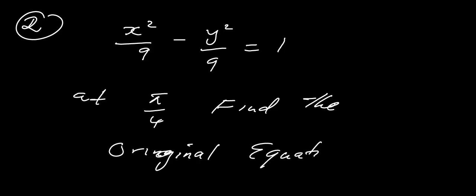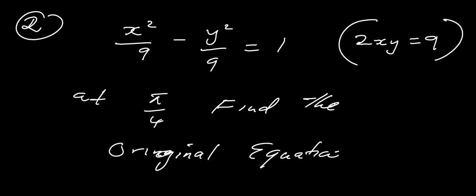So this equation here is rotated. When you rotate it, it gives you this. Now I want you to go back. The answer you're supposed to get is 2xy is equal to 9. That's the answer you need to get when you rotate it back. So this at least will help you understand. The angle is 45 degrees. So this is okay, right? Yes, it's okay.